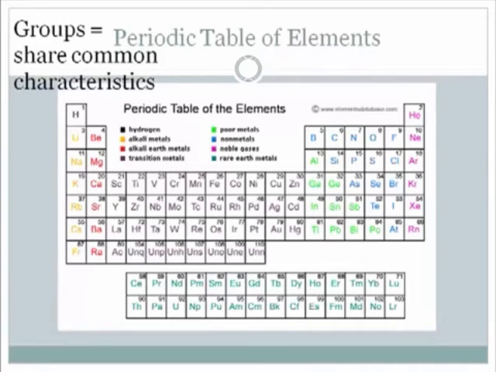The first thing that I want you to pay attention to is that they are organized into groups, and each of those groups share a common characteristic. The groups are going up and down. So when we look here on the far right side of our periodic table with He, helium, neon, argon, all of those in that line are what's known as the noble gases.